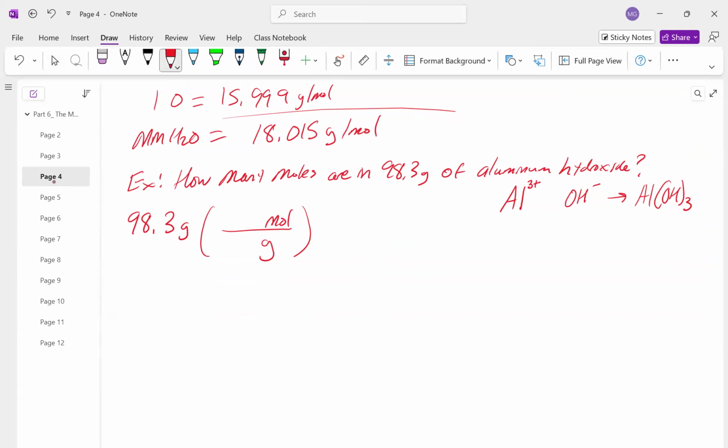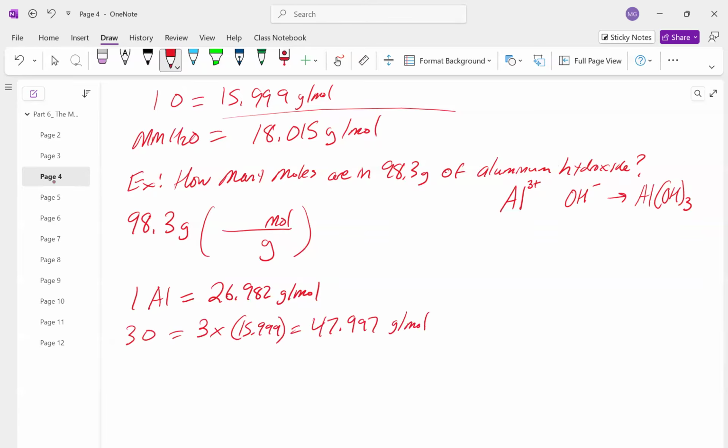So now let's calculate the molar mass. One aluminum, I looked that up on the periodic table, weighs 26.982 grams per mole. I have 3 oxygens, and that's 47.997 grams per mole.